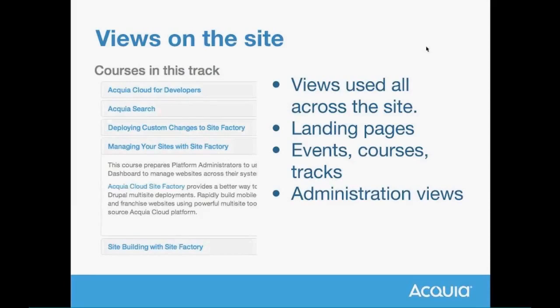So we do it on events node, course nodes, and tracks, and I have a couple of administration views for some advanced content management, where I can search titles, that kind of stuff. The default Drupal content admin is lacking a little bit for some cases.